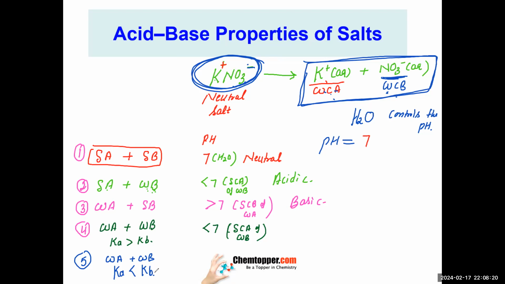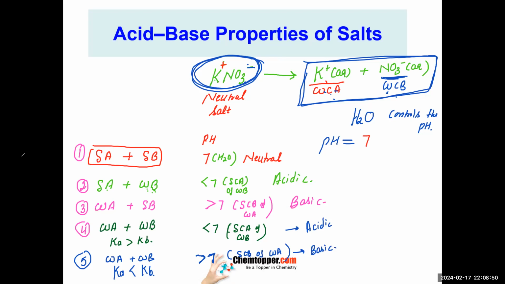So pH will be more than 7 or less than 7? Yes, Azuni. Very fast. Very good. More than 7. It is because of the strong conjugate base of weak acid. This salt is acidic and this salt is basic.